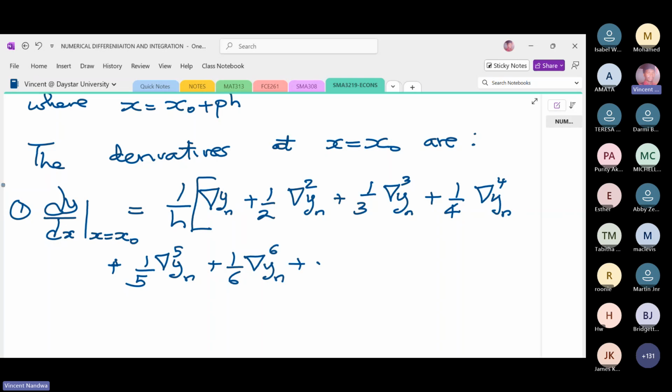In fact, this one is very easy in terms of predicting the next term in the pattern, and you can write as many terms as you like. As you can see, there's a correspondence between the denominators of the coefficients and the powers of the backward operator.